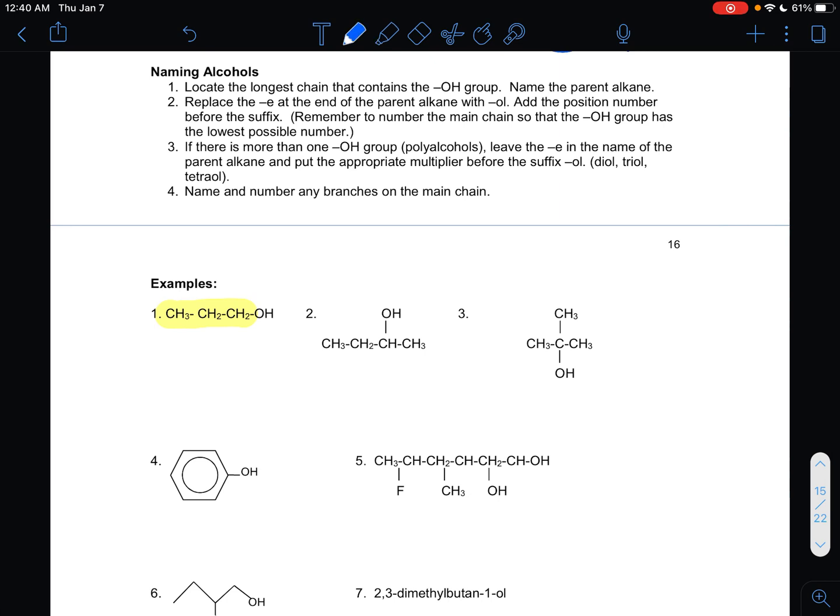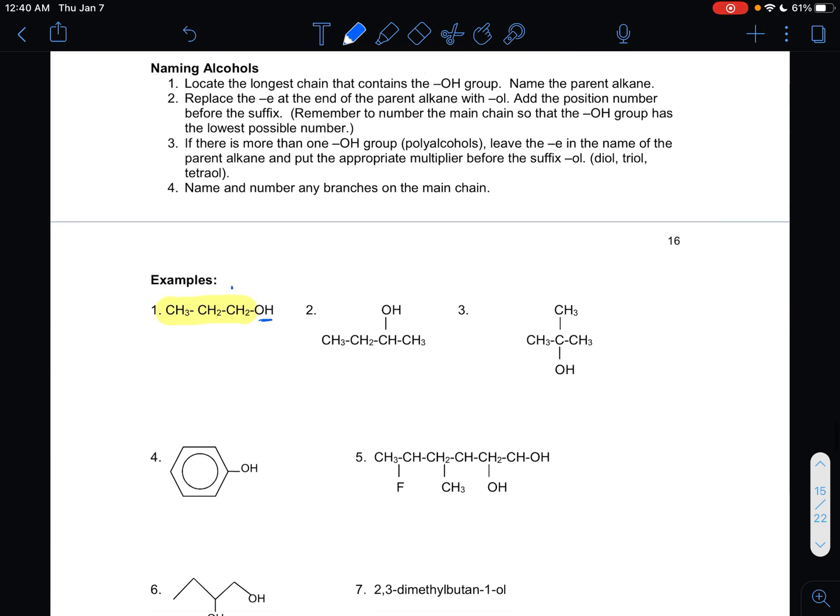However, we do have to indicate where that hydroxyl group is. So this one, I'm going to number it 1, 2, 3. So this is going to be propan. I've dropped the E, and my hydroxyl group is on carbon number 1, 1-ol. So this is propan-1-ol.